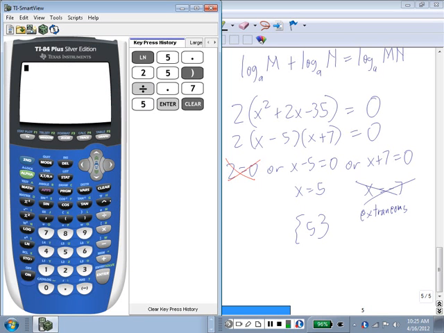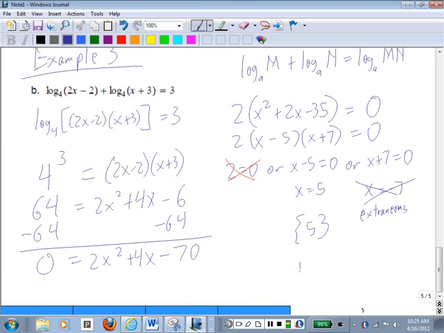If I wanted to use the change of base formula to confirm that log base 4, this is a little bit off topic here, but it's related. Log base 4 of 8, how does that work? You pick a logarithm, any logarithm, maybe the natural log, and you take the log of the argument and divide it by the log of the base.